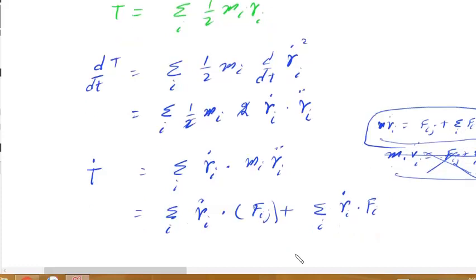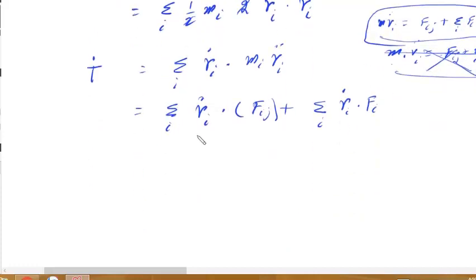Okay, and then let's take the contribution from the internal forces. This is the internal force, like a two particle system, 1 and 2. According to Newton's third law, which we have already discussed, this is equal to this one, and it is also the same force F between particle 1 and 2.